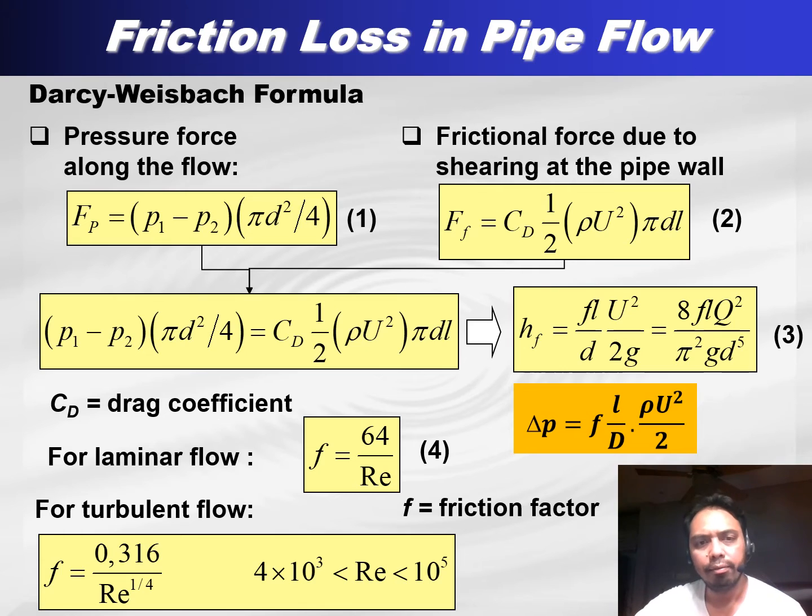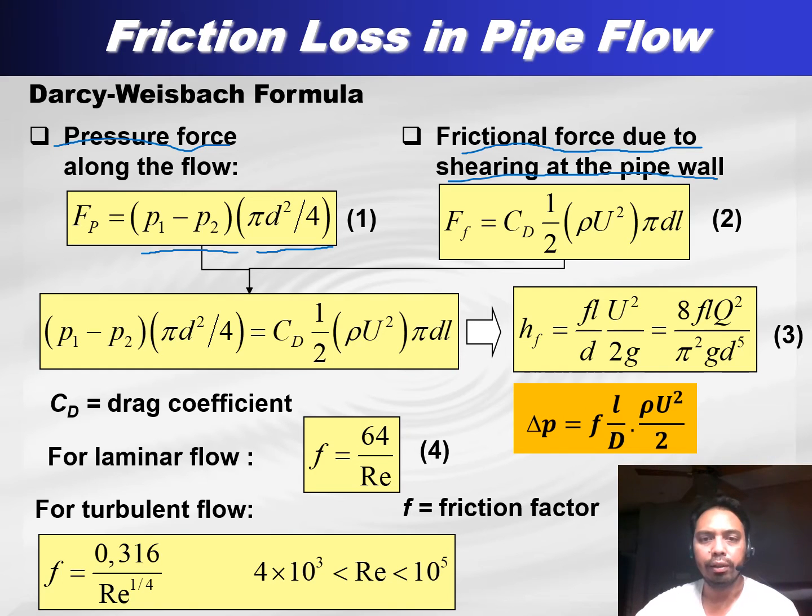So this slide explains the derivation of the Darcy-Weisbach formula, where here you have the pressure force along the flow, which is represented by the pressure difference times the area normal to the flow. This pressure force is needed to overcome the frictional force due to the shearing at the pipe wall.